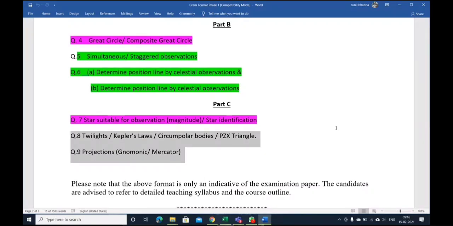They could be based on different subjects like Kepler's laws of planetary motion, circumpolar bodies, or forming a PZX triangle and then solving it. And they could be based on charts and projections. They may give you a particular area whose chart is to be made on the answer sheet. So this is the format of your paper.